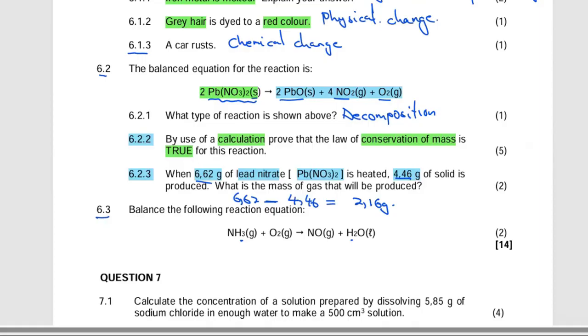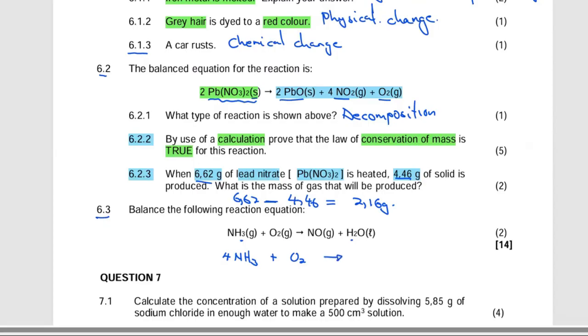Now I can start with my hydrogens. If I'm having 3, I can make it a round figure. If I multiply NH3 there by a coefficient of 4, then I'm going to say plus my O2, for now I'll leave it like that.